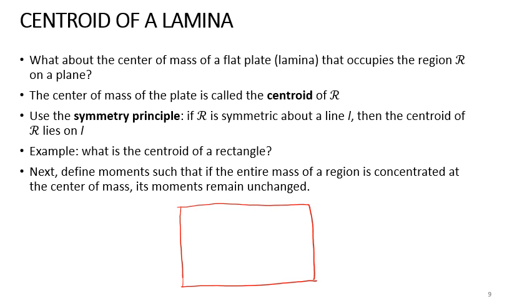We can do a symmetric division of this rectangle: it is symmetric about the vertical line L, and it is also symmetric about the horizontal line L. So the centroid of the rectangle must lie on both lines, which means the centroid must be at the point where the two lines meet. It is the same with the region R here.